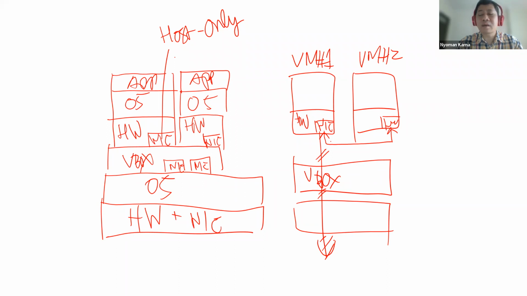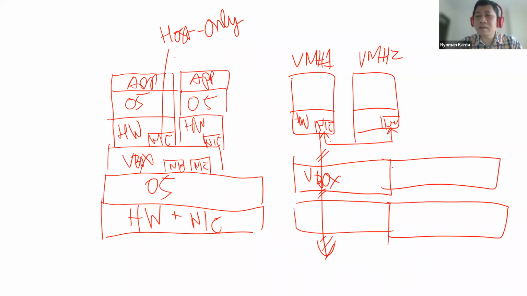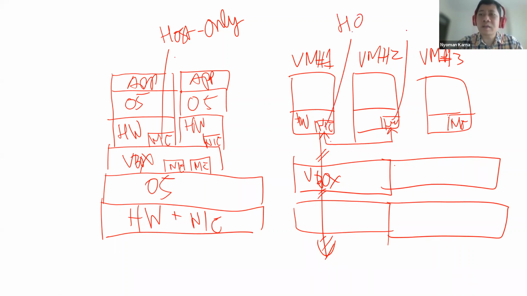Now, how about bridge? In bridge, let's say I have a third one. Sorry, let me move my face from that part to the left part. Let's say this is virtual machine number 3. So we have the hardware, and then this is the network interface card, and let's say I have this network interface card configured as bridge. So this is host only, and this one is host only, and then this one is the bridge.